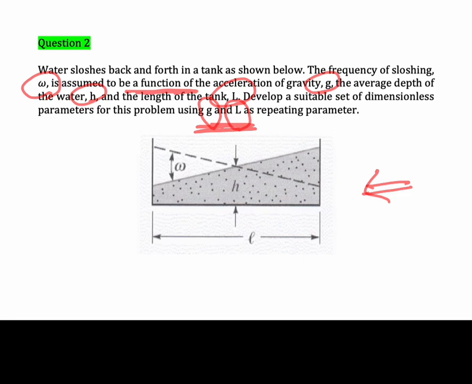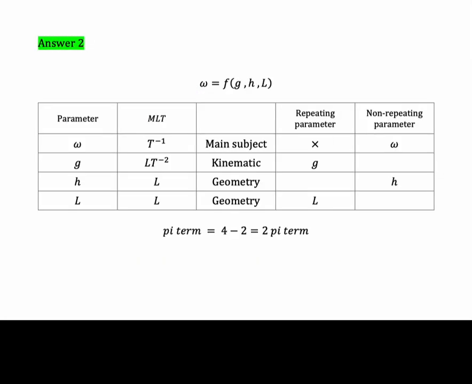So the first step is to make the mathematical expression. So omega is a function of g, h, and L. You list down all the parameters, list their MLT dimensions, then determine the main subject and categorize them.